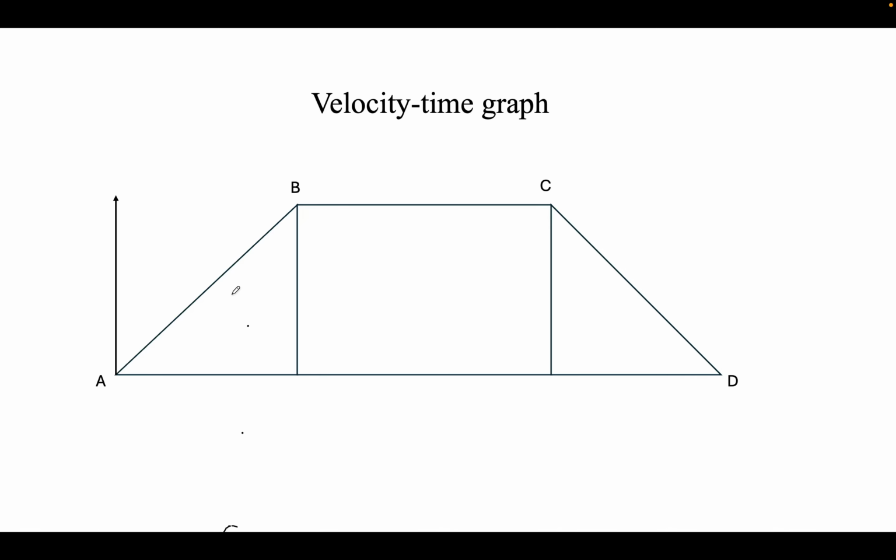So this triangular section is where the acceleration is taking place, and this rectangular section is where an object is moving at a uniform velocity, and this triangular section is where the deceleration is taking place.